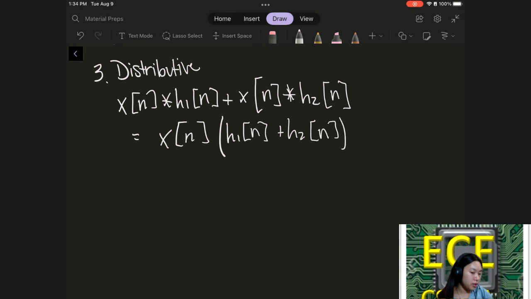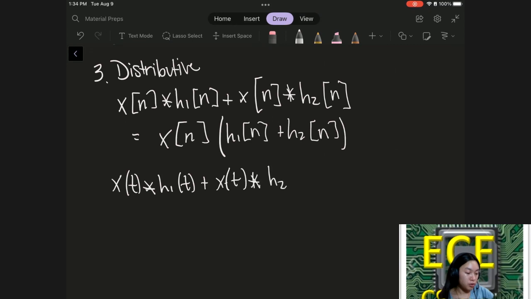For the continuous case, x of t convoluted with h1 of t plus x of t convoluted with h2 of t. And similarly, you can just pull out the x of t.